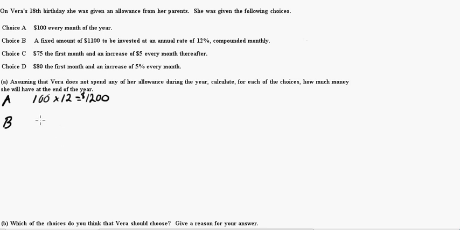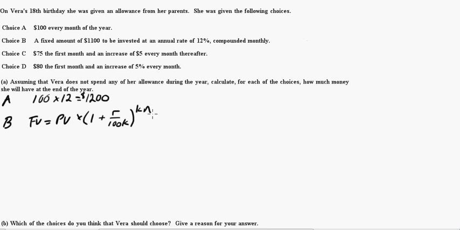With this you're going to want to use the compound interest formula that's in your formula booklet. That formula is the future value equals the present value times 1 plus the interest rate over 100 times k, all to the kn.